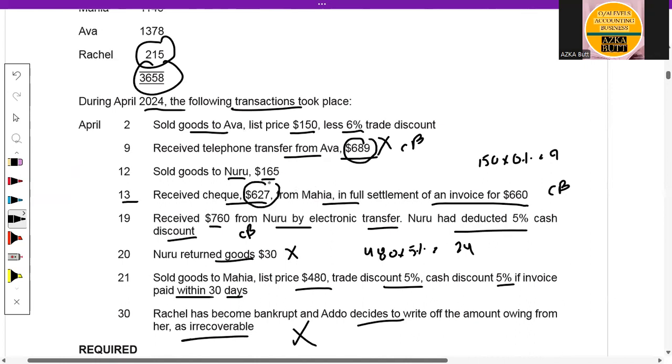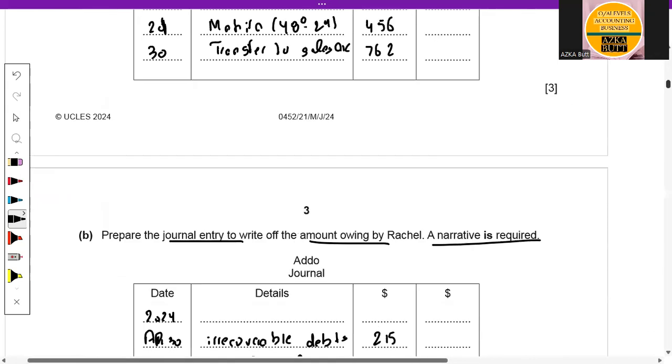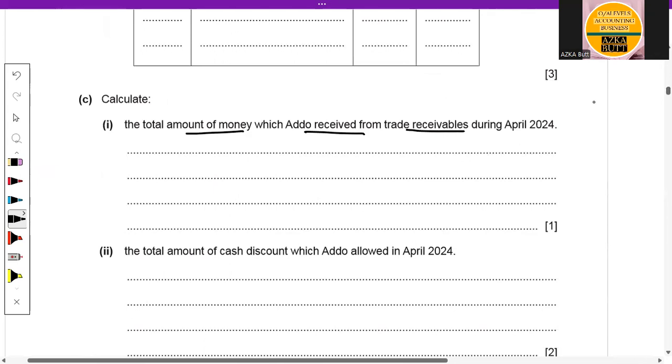And after that we received 627, and we received 760. We didn't receive anything else. So we received these three amounts. So the total amount received in April, 689 plus 627 plus 760, is equal to 2076. This is the total amount.